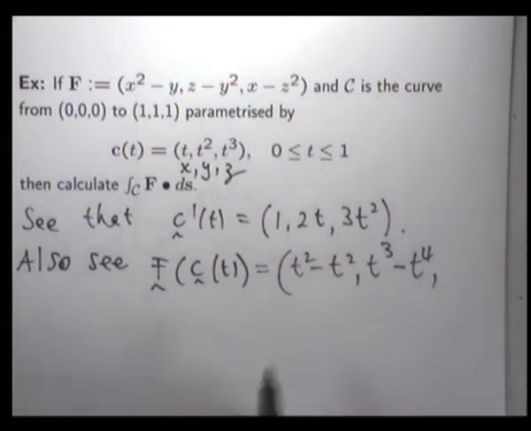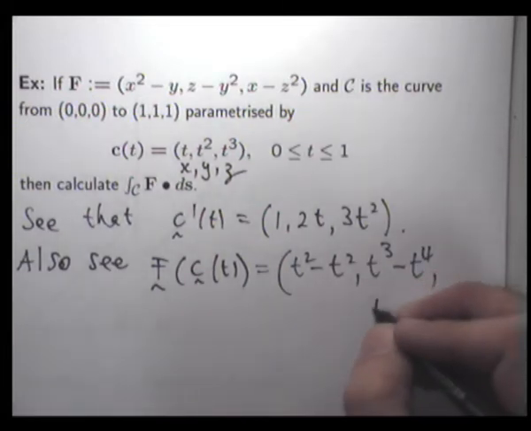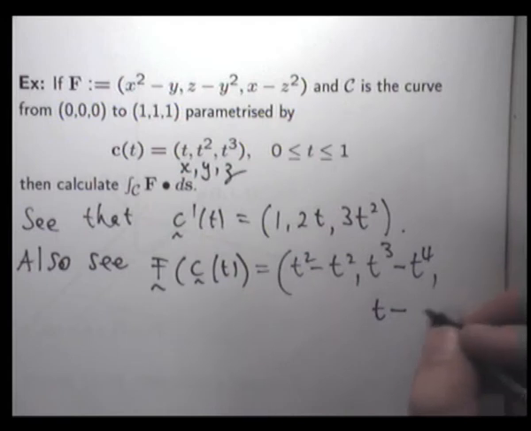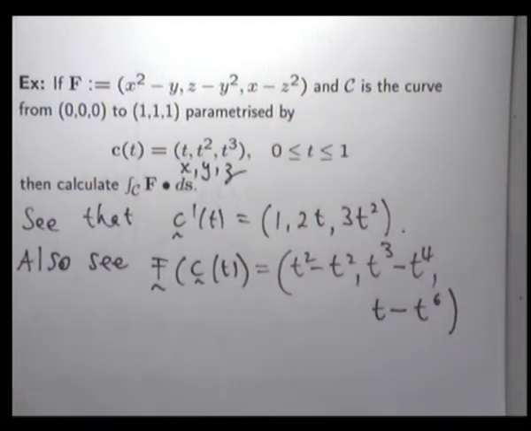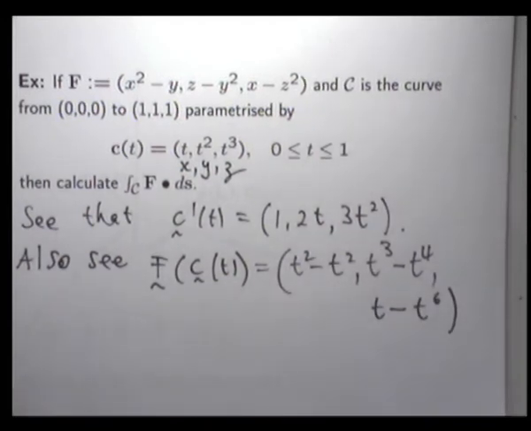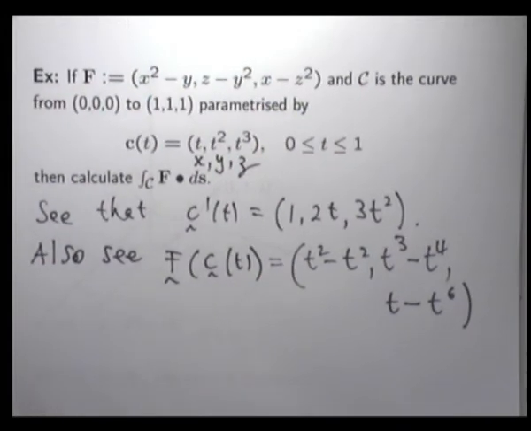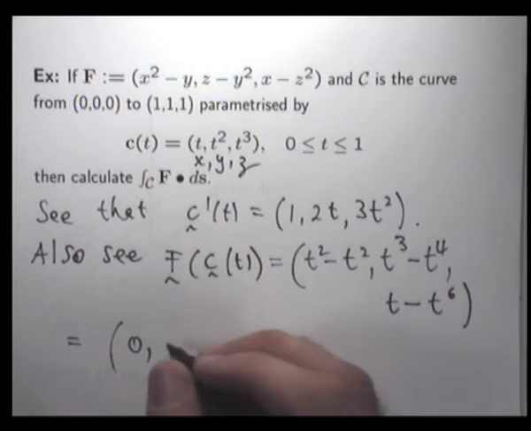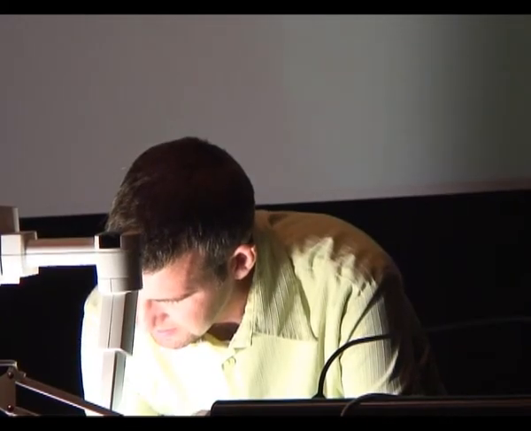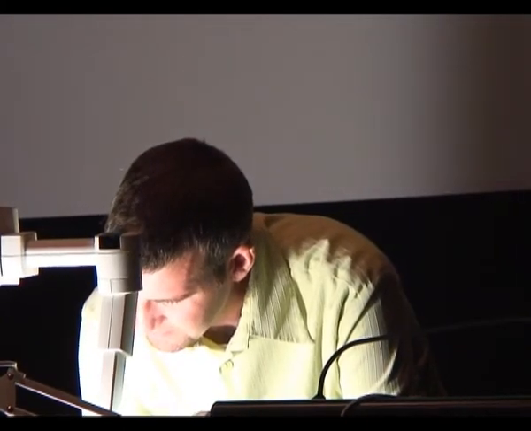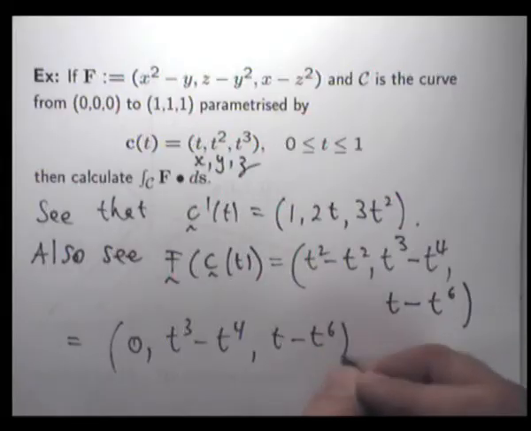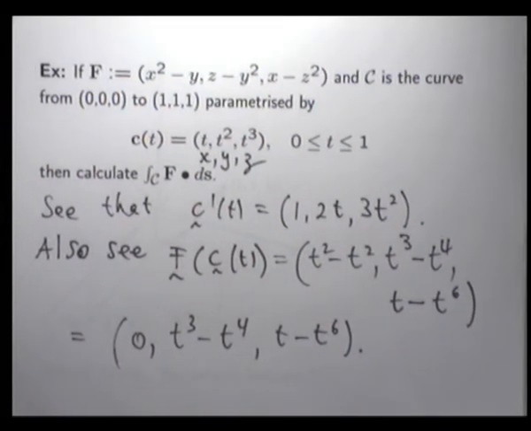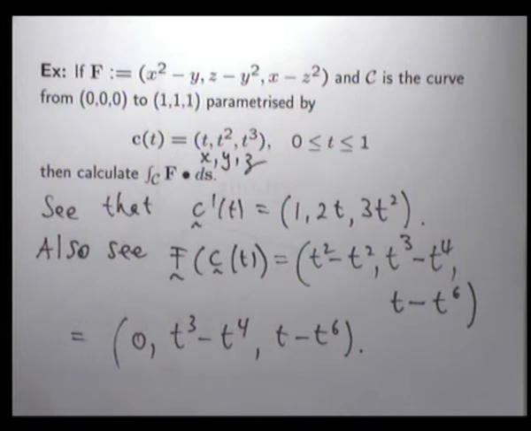And we're also going to get t minus t to the sixth. Okay, so this will simplify. All right, so that's our vector field F along C of t.